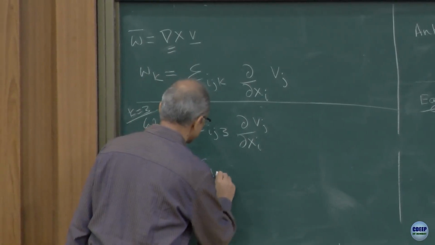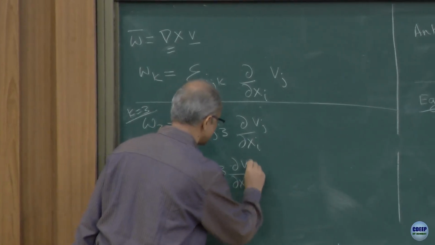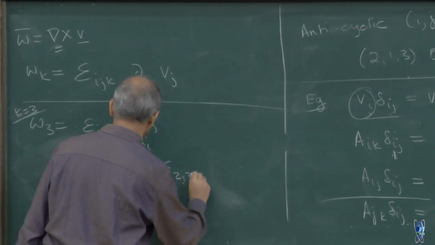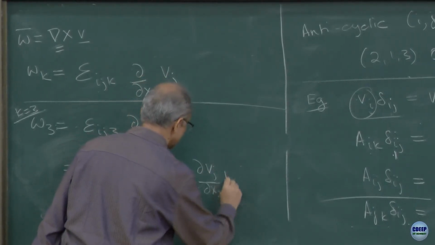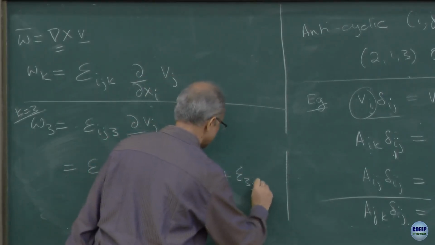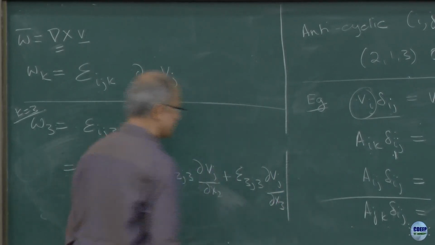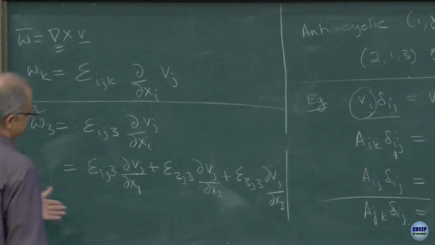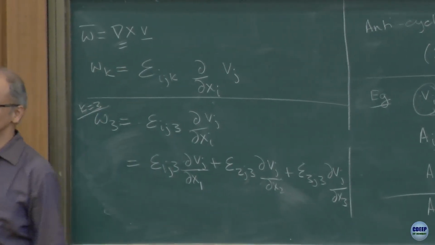So epsilon 1j3 dou by dou x1 of vj plus epsilon 2j3 dou vj dou x2 plus epsilon 3j3 dou vj dou x3. Right? So all I have done is expanded out over the repeated index, which was i, and essentially I have to put i equal to 1, 2, and 3, and sum up the 3 terms that I get. Right?